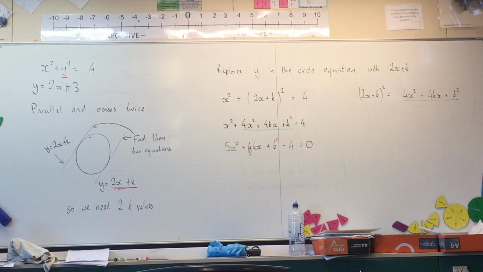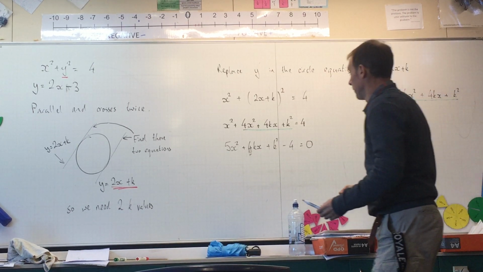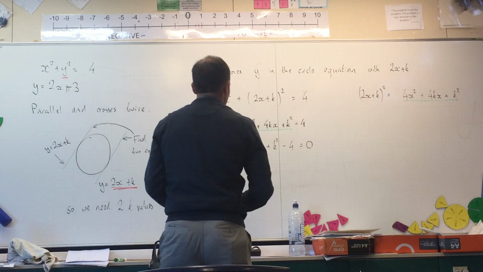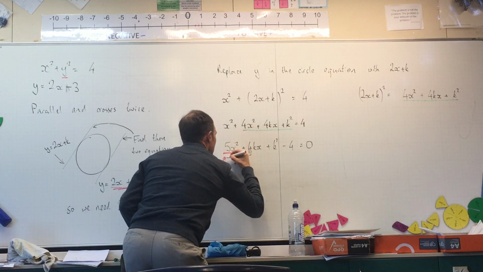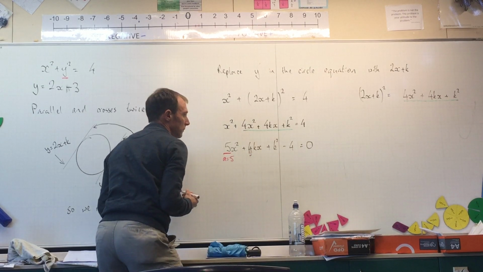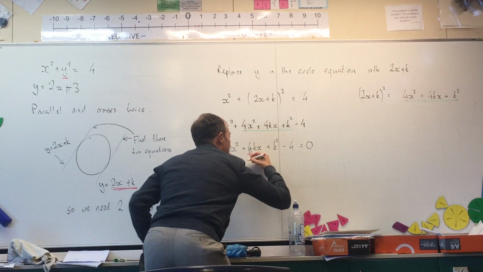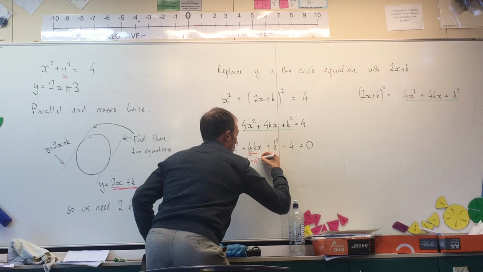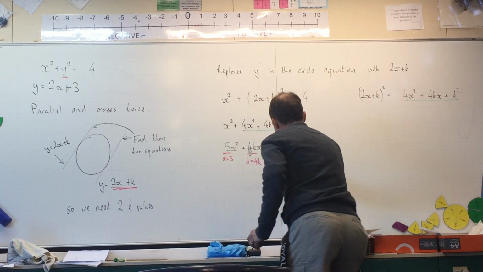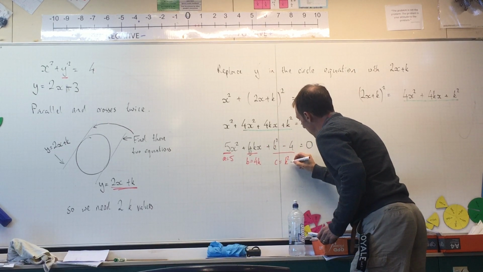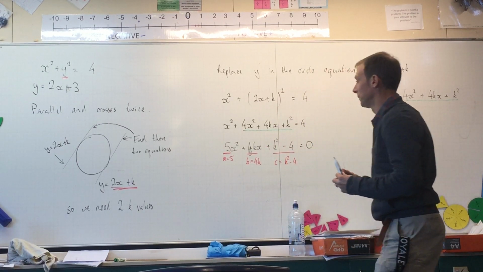Remember, it's a quadratic equation, so I need to make it equal to 0 in order to solve it. Right. So I've got A equals 5, B equals 4k, C equals k squared minus 4.